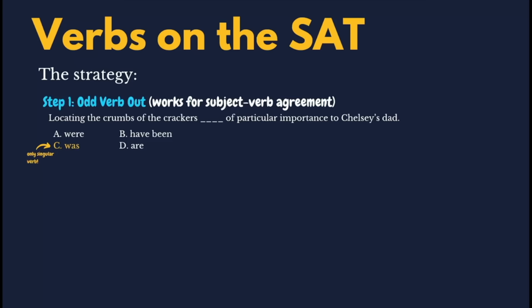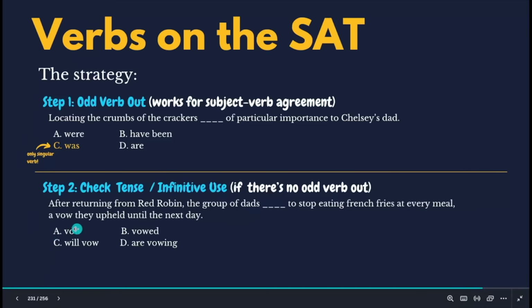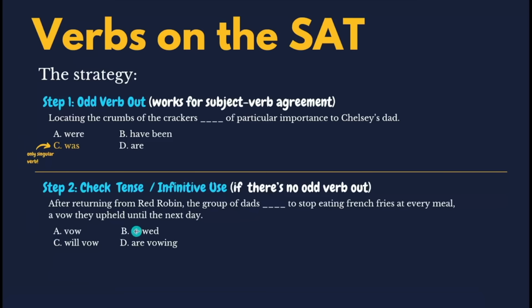Now, I did mention that they're not all subject-verb agreement questions. You will also get some tense questions and some infinitive use, although technically you could lump infinitive use into tense as well. But basically, if there is not an odd verb out, then you move on to step two, checking for tense. So in this case, if I try they vow, I could say they vowed or he vowed, right?